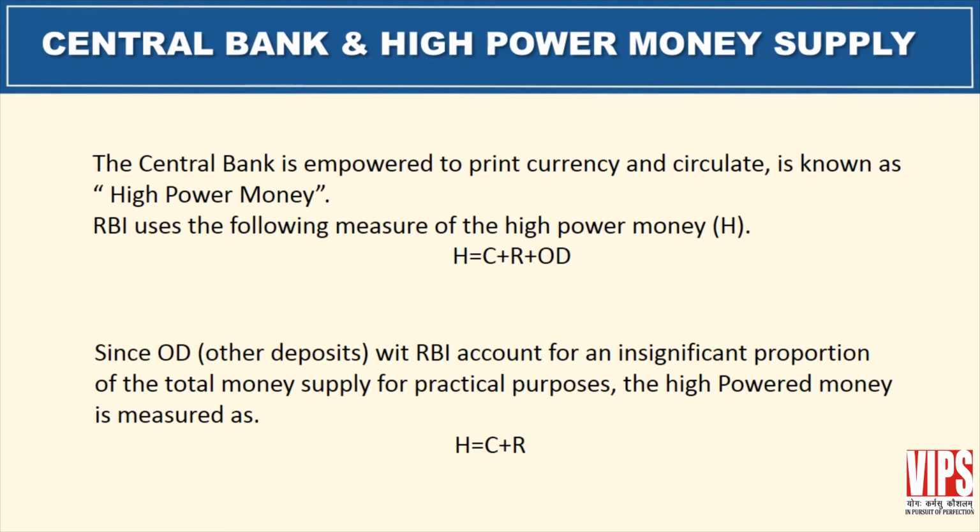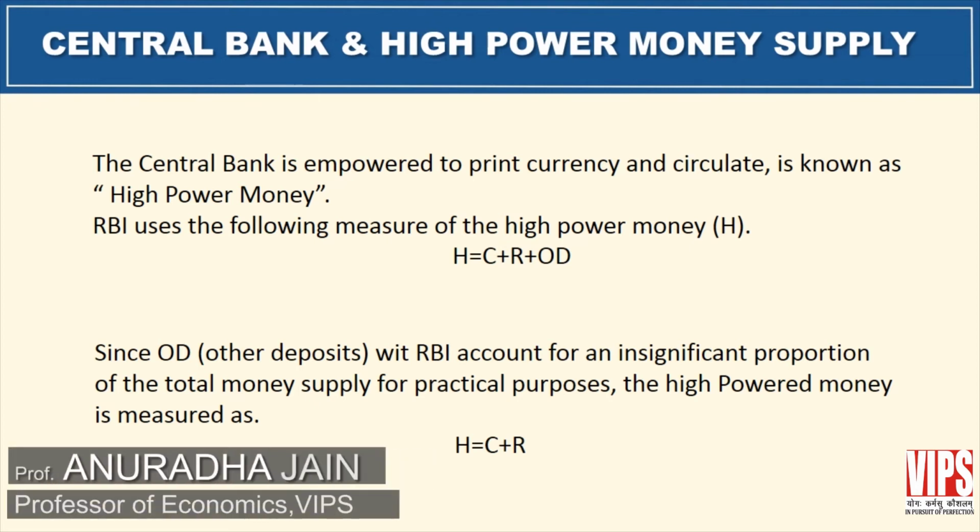The currency issued by RBI on behalf of the government accounts for only 7 to 8% of the total high power money. RBI uses the following measure of high power money: H = C + R + OD, where C is currency, R is reserves, and OD means other deposits.